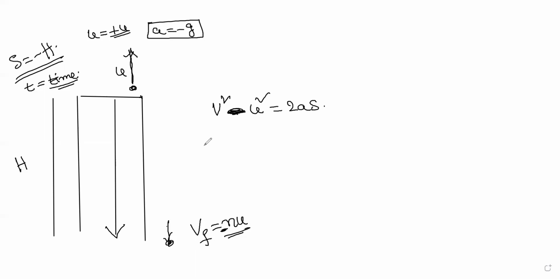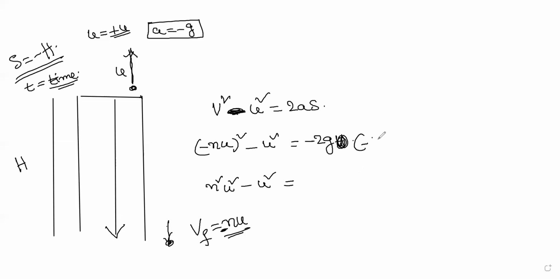So v final square, that is minus nu whole square, minus u square is equal to 2as, where a is minus g. S is nothing but h. Sir, S is equal to minus h, sir. I forgot. Here minus h also we have to put.